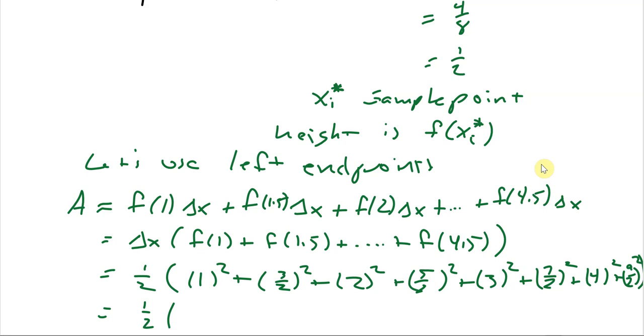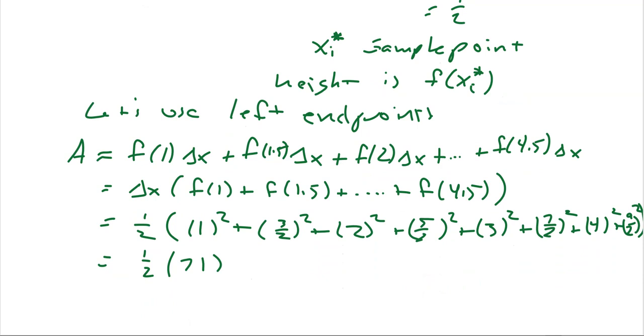Okay, now adding all that stuff in the parentheses up, I'm getting 71. So my area, and these should be approximates, my area is approximately 71/2, or if you want to think about that as a decimal, 35.5.